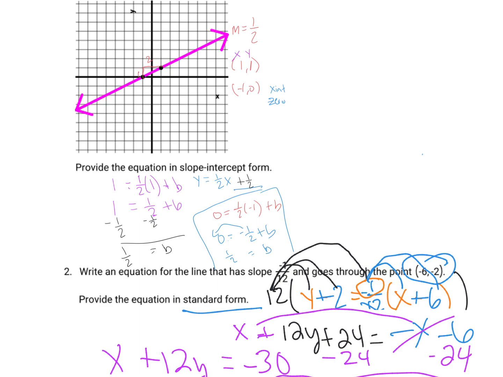You're just replacing the points back into the equation that you ended up with. So of course, negative 2 times 12 is negative 24. Negative 6 and negative 24 does equal negative 30. And that's a good way to check your answer. And also it'll keep you from making a simple sign mistake, and from not getting your points. Okay.